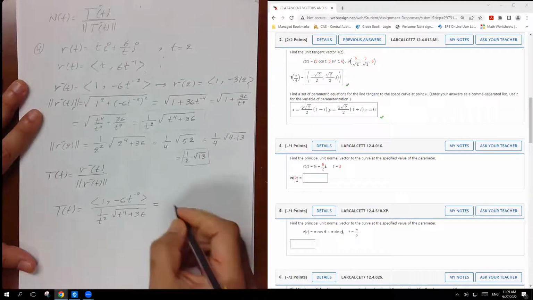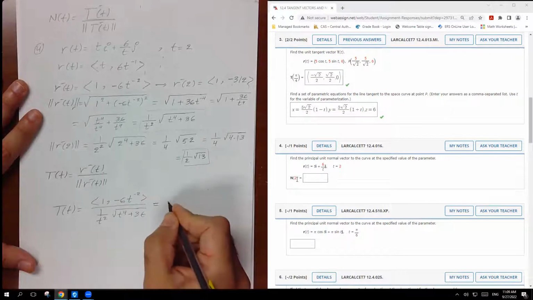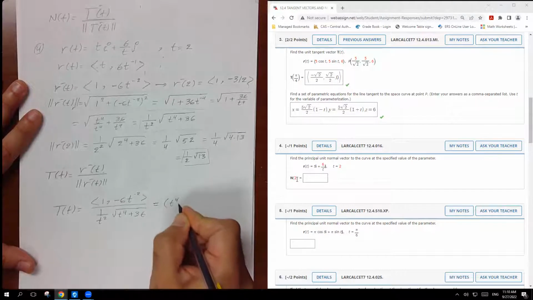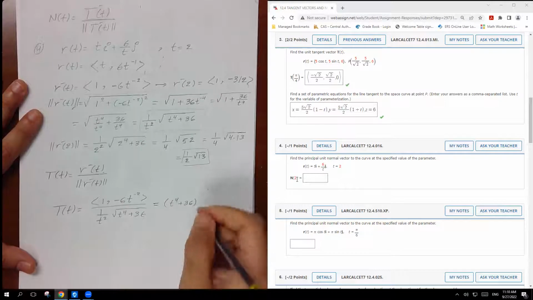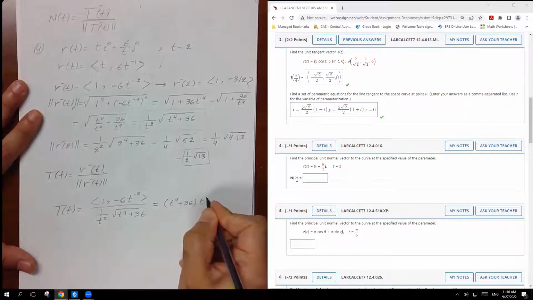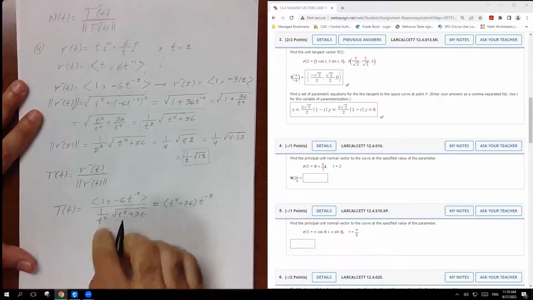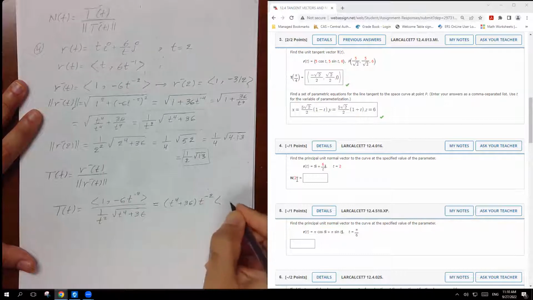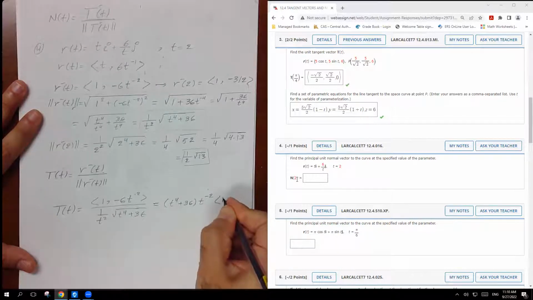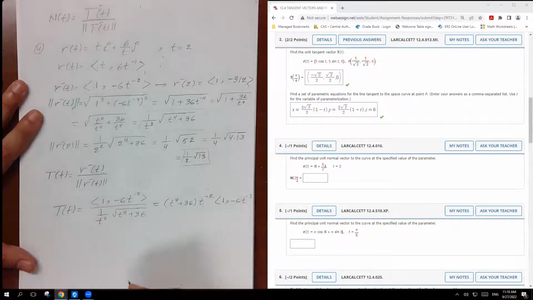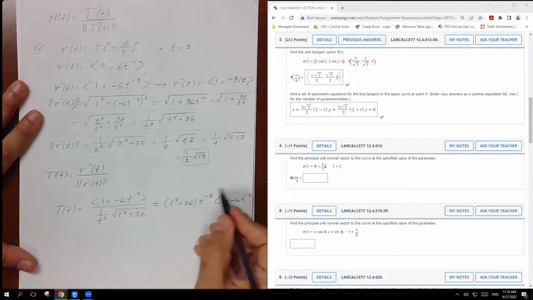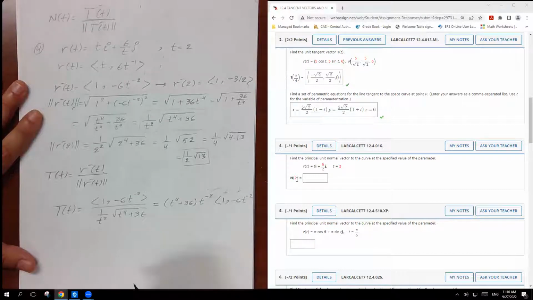I just need to simplify it. So t to the power 4 plus 36, this is not a vector. And here is t^-2, which is 1 over t squared. And here is the vector (1, -6t^-2). Then I can distribute this one because it's a number.